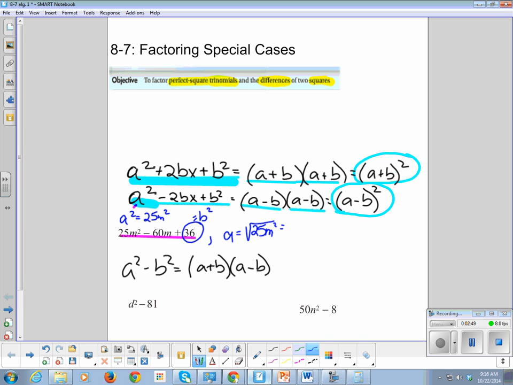So what's the square root of 25? 5. And what's the square root of m squared? Yeah. And if b squared is 36, what is b? So if I know that a is 5m and b is 6, then I can say that this is equal to a minus b squared.